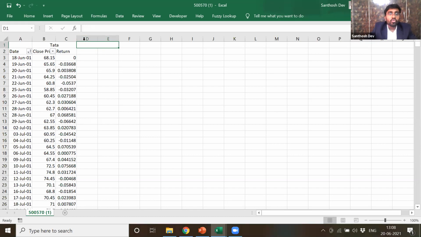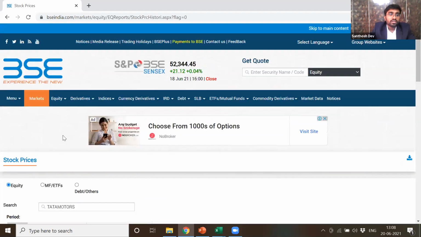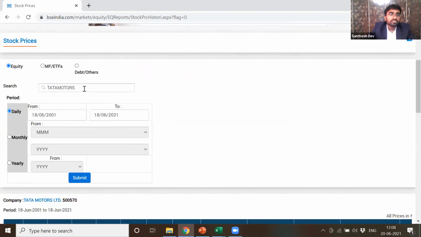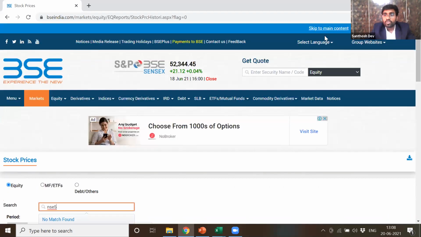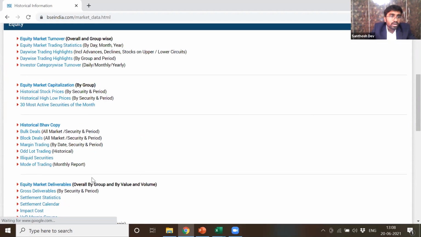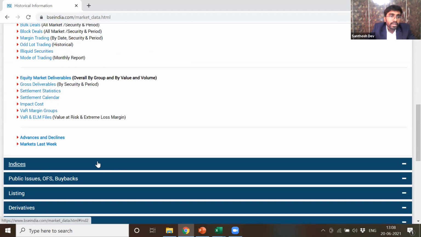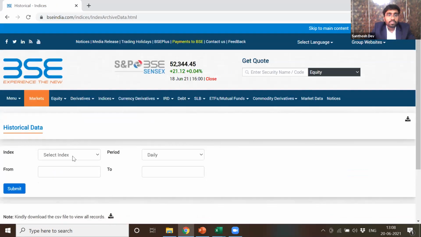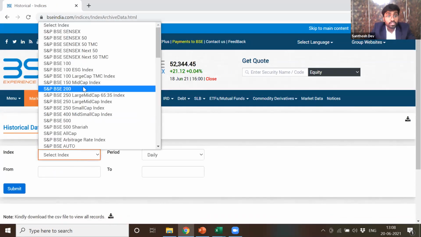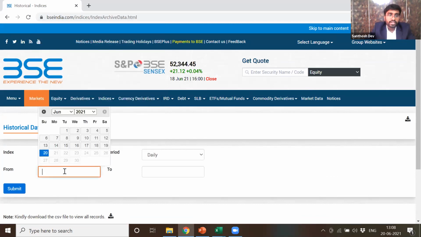So I'll download another set, which will be an index, let's say NSE 500. Let me go back to the screen. Is it directly coming here? Not coming here. So I'll go back to market data, indices, historical prices of indices. I'm taking BSE 500 daily data.